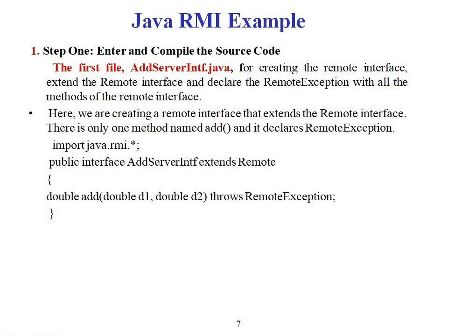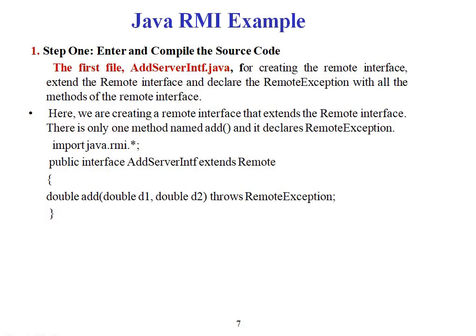Step 1. Enter and compile the source code. The application uses four source files. The first file, AddServerIntf.java, defines the remote interface that is provided by the server. It contains one method that accepts two double arguments and returns their sum.